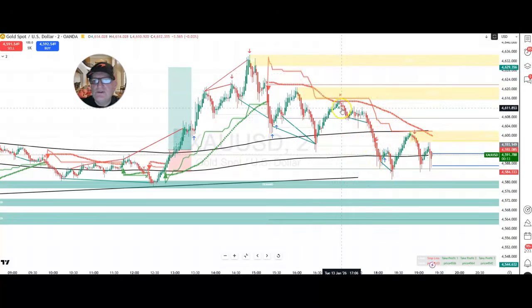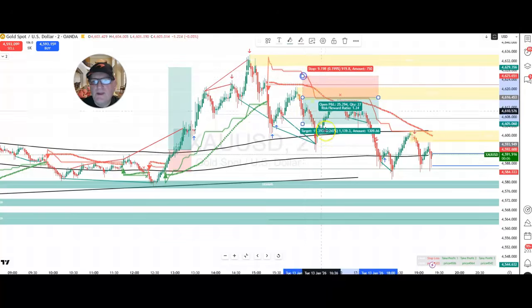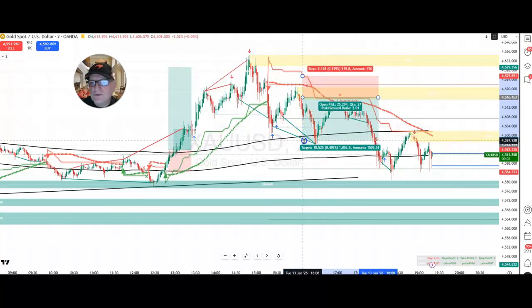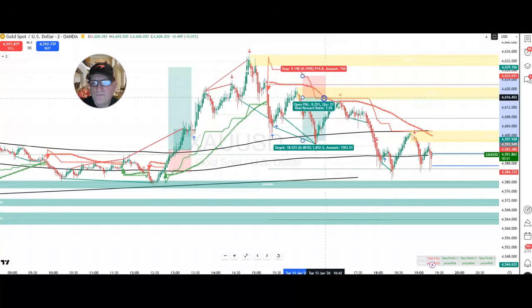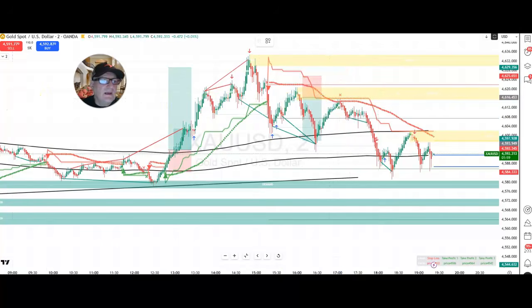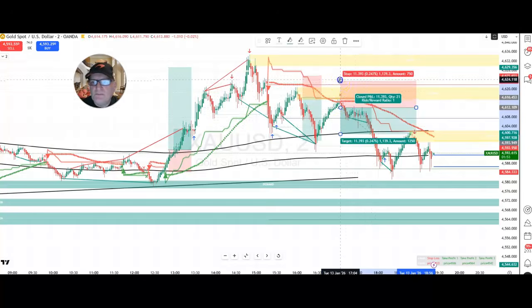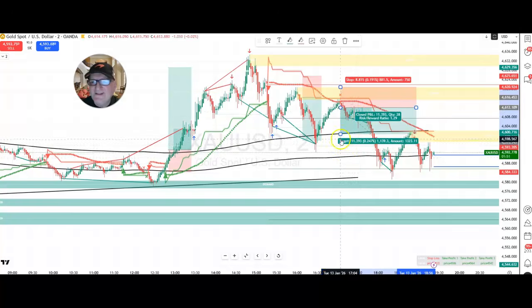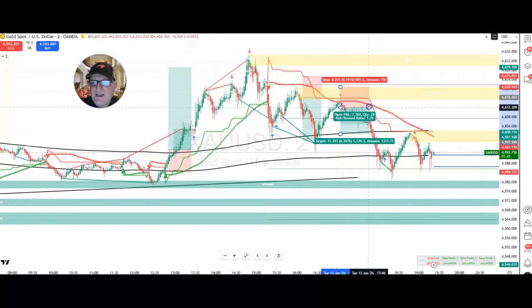What you can do, of course, is have a short position here on supply, put your stop up there, and then go 2 to 1. Again, I will be doing further coaching sessions, which will probably bring up more questions as time goes on, but that's fine. And 2 to 1.